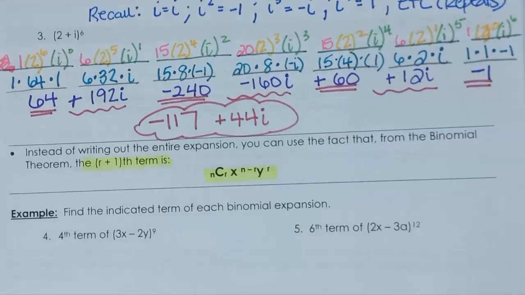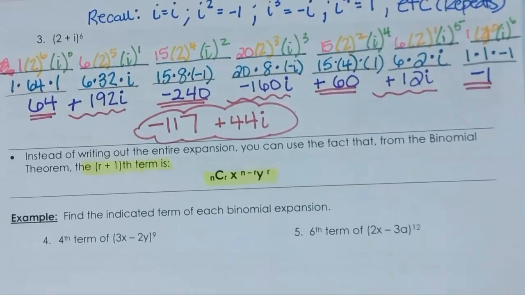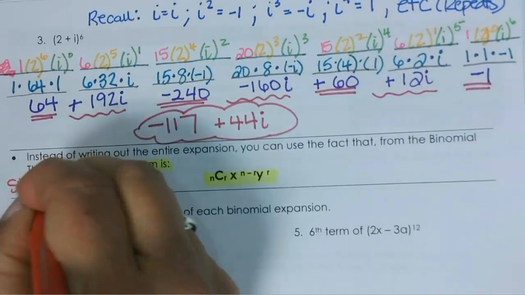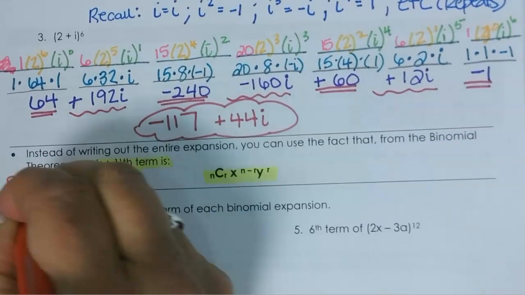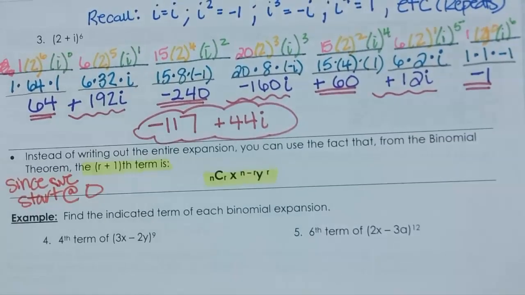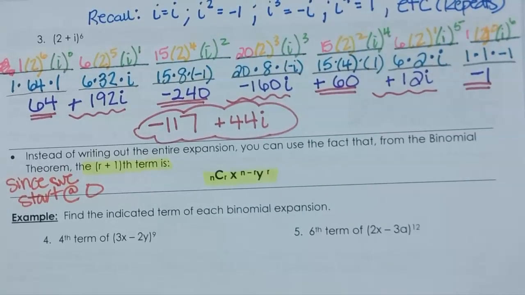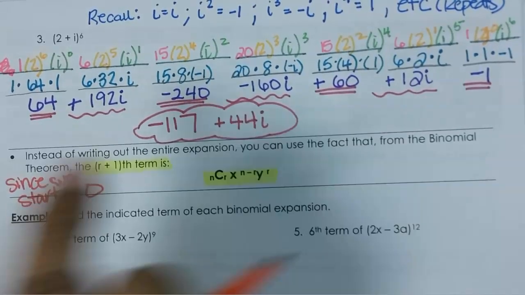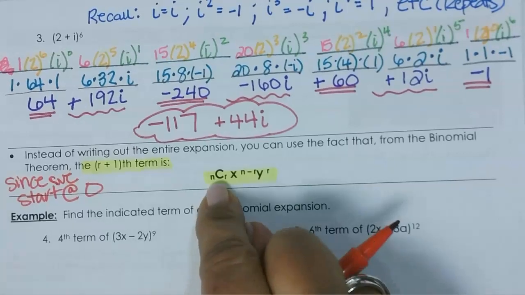The reason that we're talking about the r plus 1th term is that, remember, we start at 0. So since we start at 0, if I wanted the 4th term, I'm not going to find nC4.